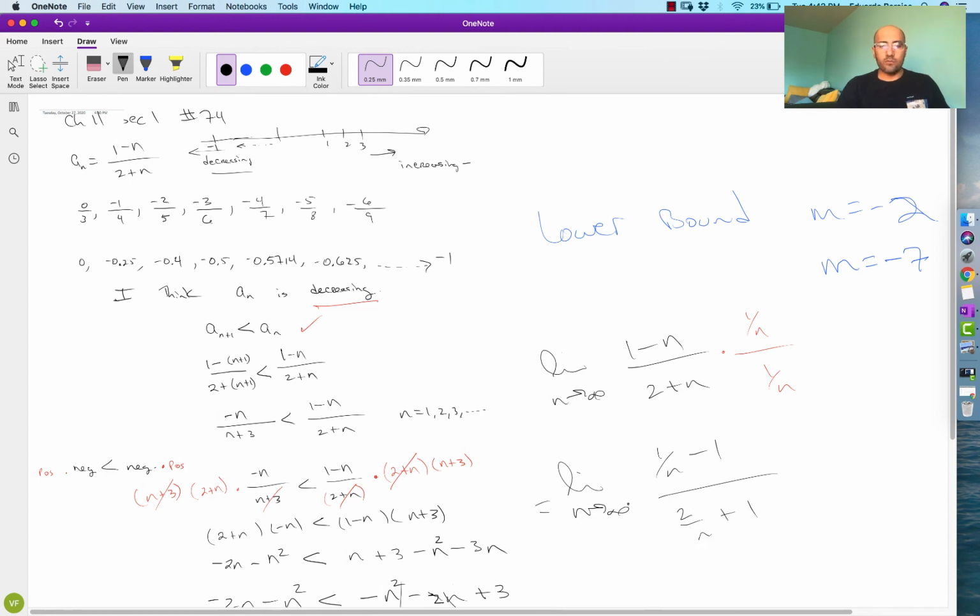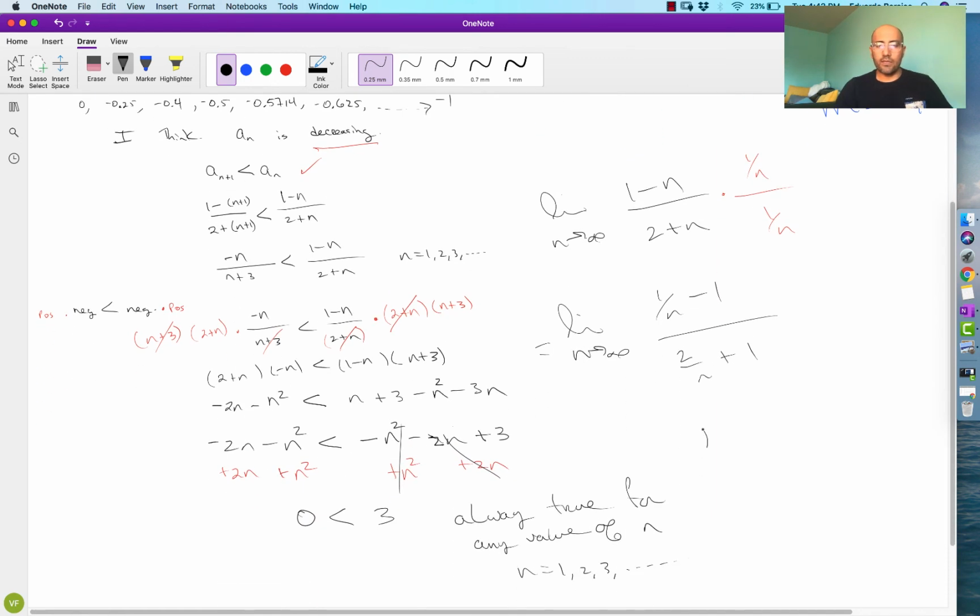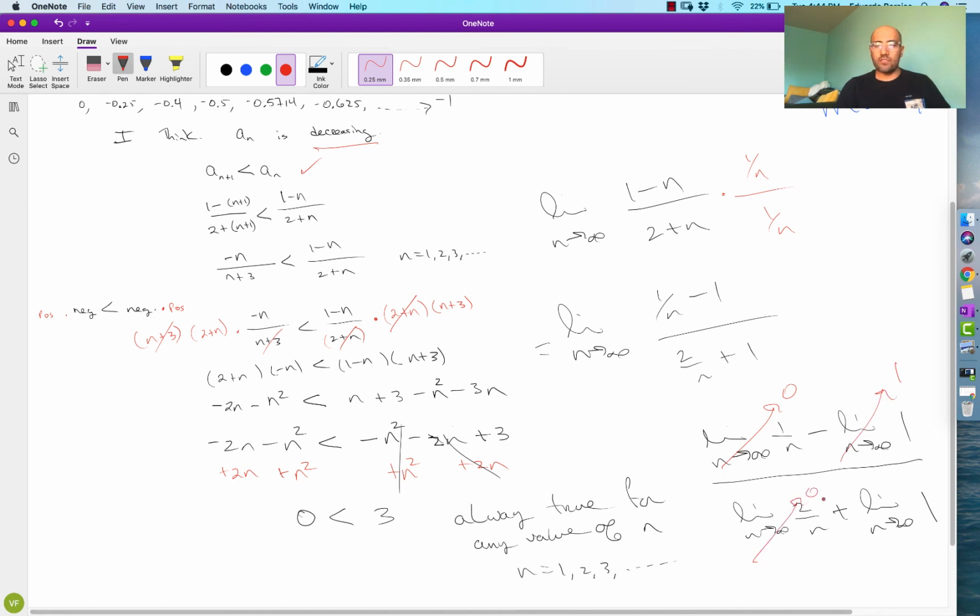So this is equal to the limit of 1 over n minus the limit of 1, divided by the limit of 2 over n plus the limit of 1. So this will go to 0, this will go to 1, this will go to 0, this will go to 1. So we end up with 0 minus 1 all over 0 plus 1.